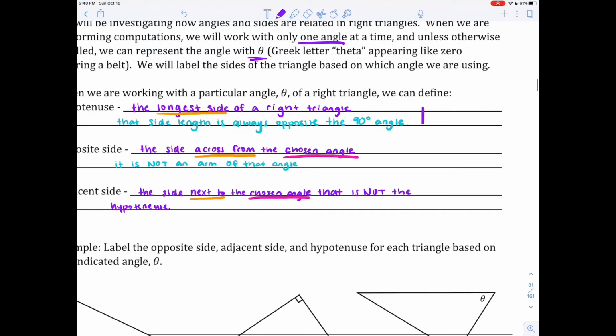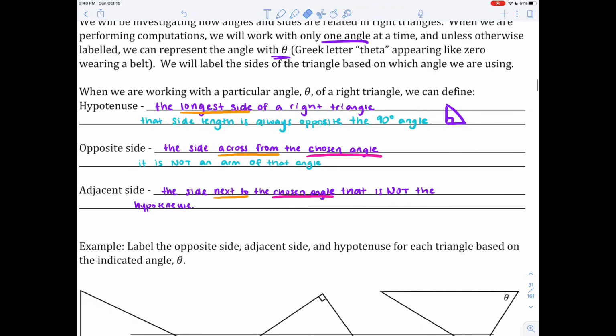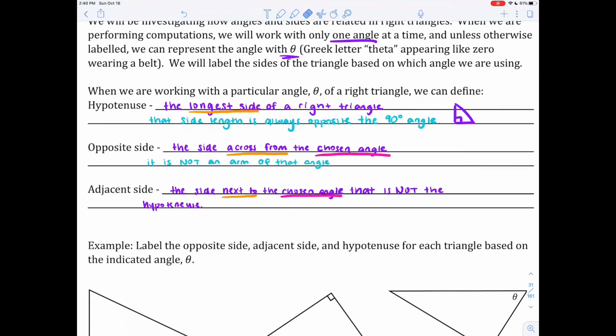So if we're looking at a triangle, my hypotenuse is always going to be opposite my 90-degree angle. My opposite side is going to be across from my chosen angle. My chosen angle can vary from question to question or triangle to triangle, so the opposite side will also vary with respect to it.